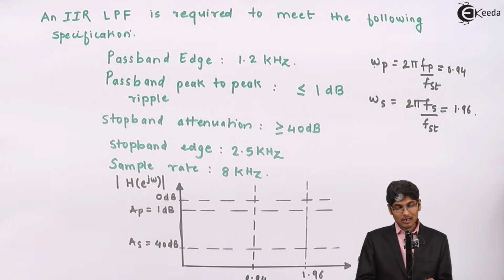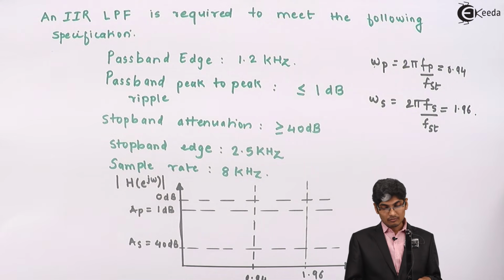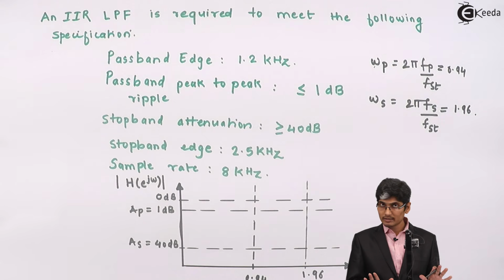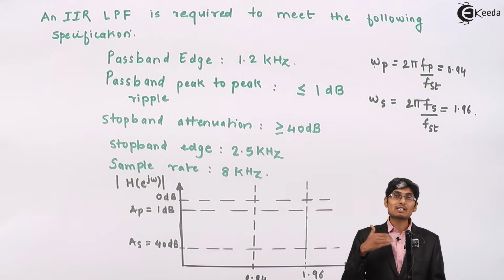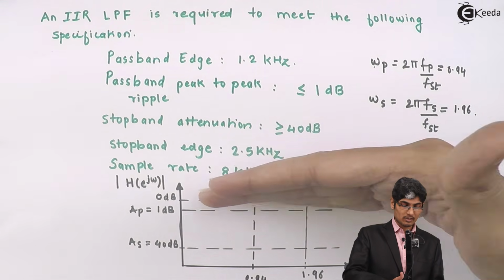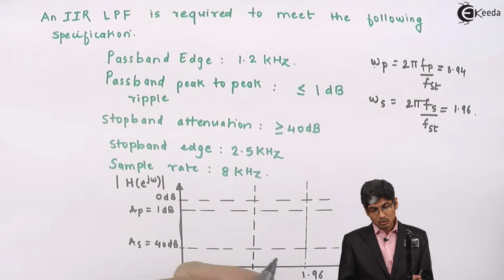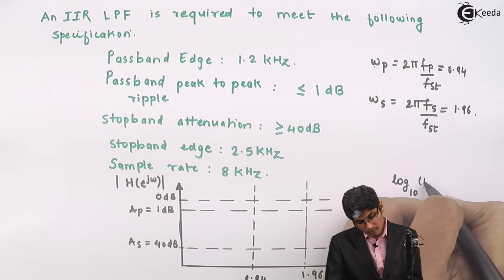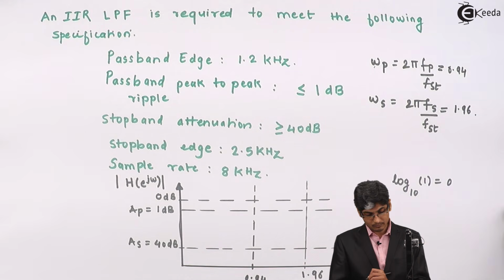Why is this 0 dB? We are taking the absolute scale or the normal scale. If we don't take decibel scales, then the maximum value that the filter can attain was 1. That was this line, that is 1. So if I take log to the base 10 of 1, then I am going to get 0.